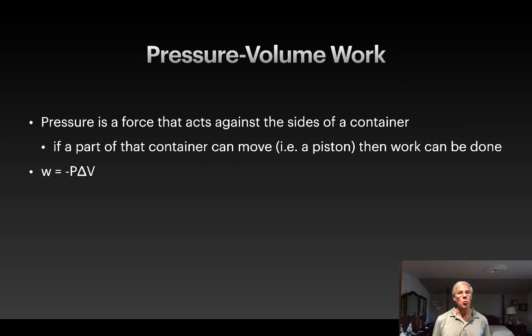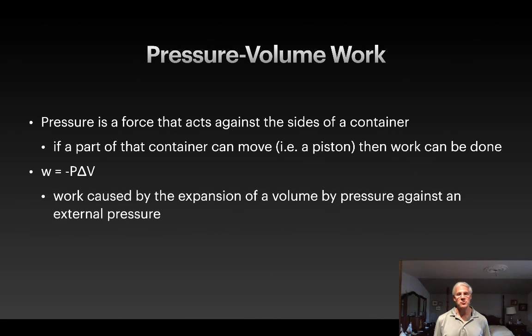So work can be expressed as the negative of the pressure times the change in volume. The negative that we put there is just so that work has the appropriate sign as far as work being done by the system or being done on the system. So we have pressure times the change in volume. So you can imagine we have a certain pressure, and it's expanding a volume or decreasing a volume.